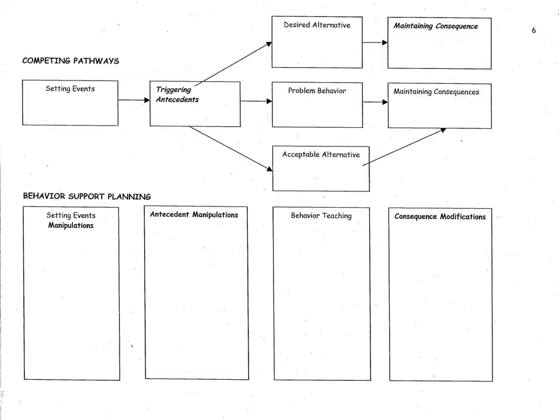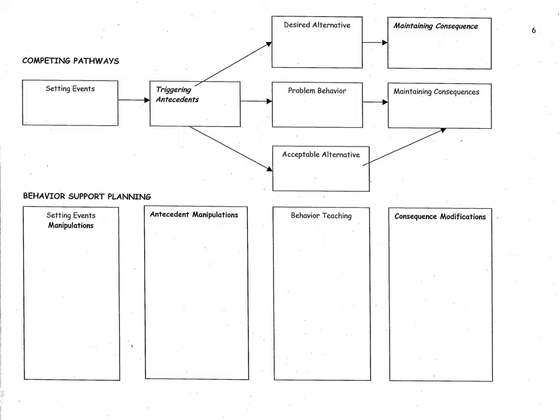So based on this information, you can develop BIP, the bottom part. So what you're going to do for this week and your final project step 4 is this. After you identify setting events, you will develop a setting events manipulation plan.